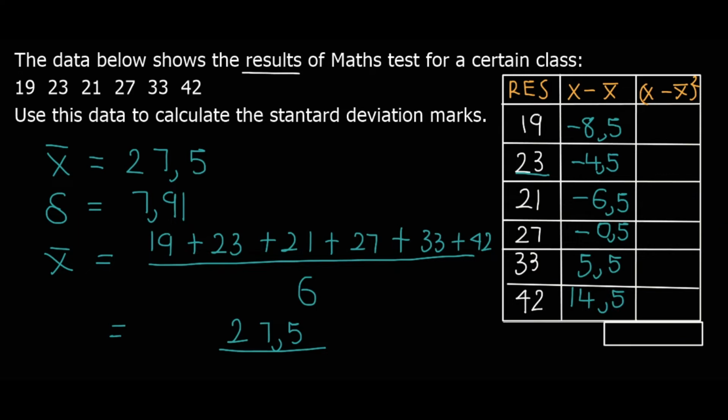And then from here we are on this option. We take negative 8.5 and square it, because it is squared here.